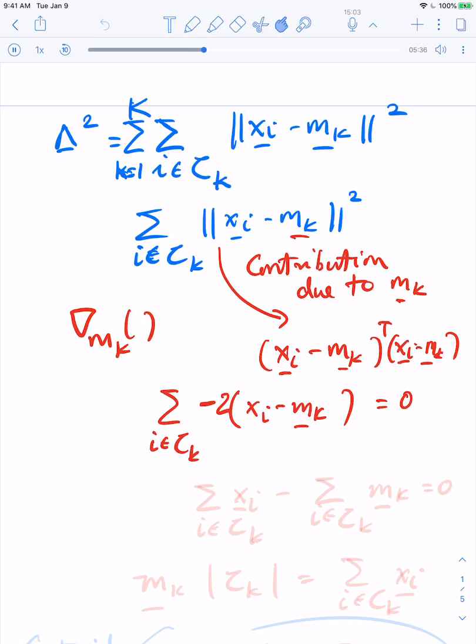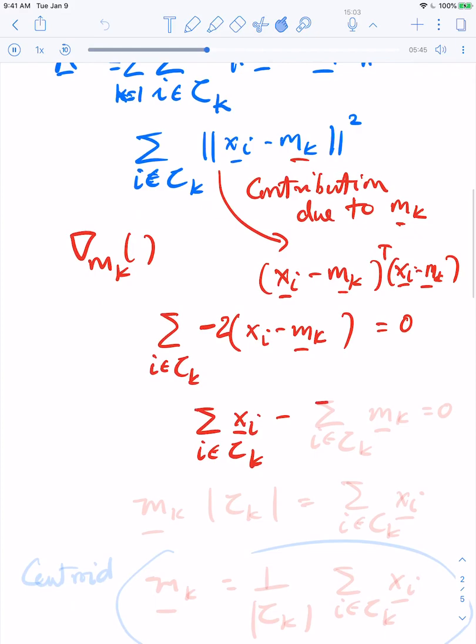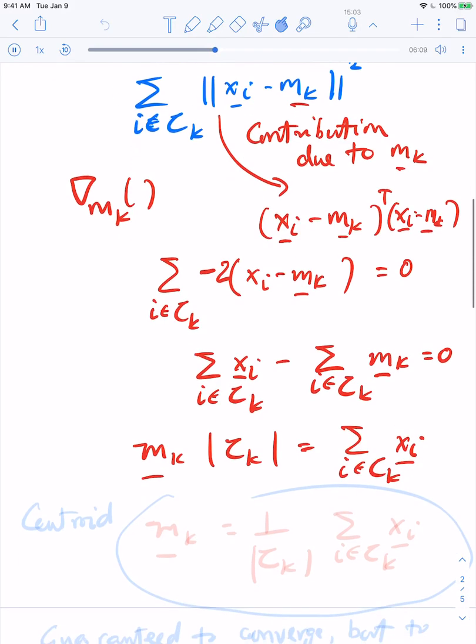So the minus 2 can be taken out, and so basically I have summation i in ck of xi minus summation i in ck of mk equal to 0, which is basically saying that I'm just adding up mk |ck| times, so the answer for this is straightforward. So mk times the number of points in ck is equal to summation i in ck of xi, and so mk is 1 over |ck| times summation i in ck of xi.